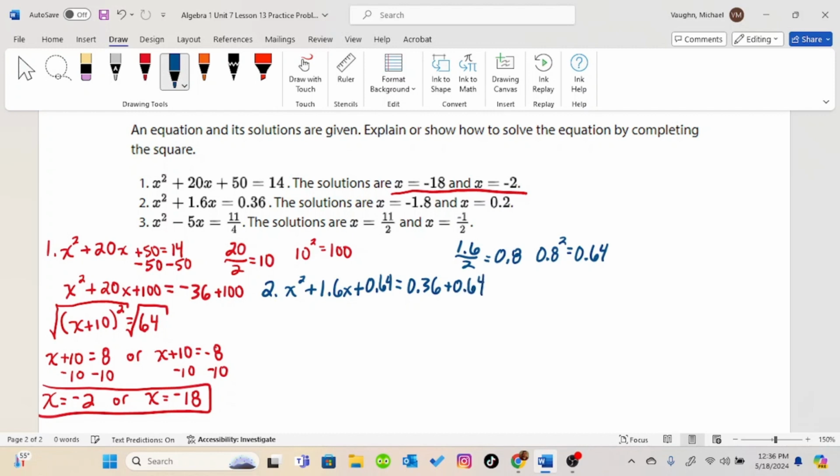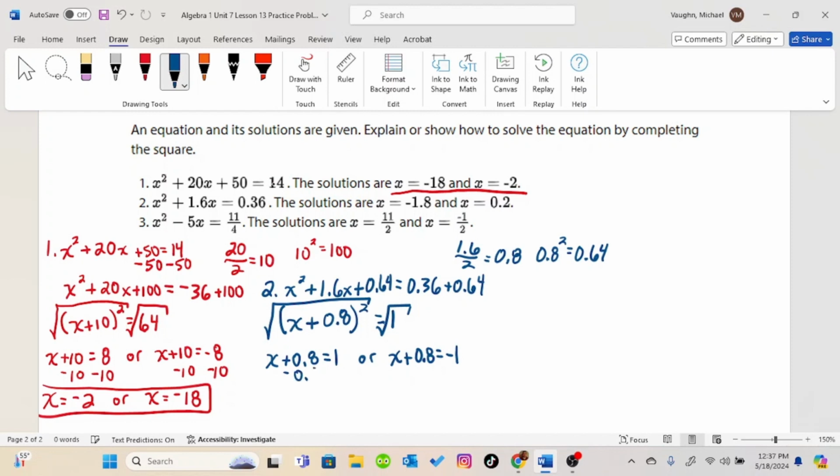When we factor the left, we're going to have x plus 0.8 squared. And on the right, 0.36 and 0.64 add to 1. Now we take the square root on both sides, and we get x plus 0.8 equals 1, or x plus 0.8 equals negative 1.